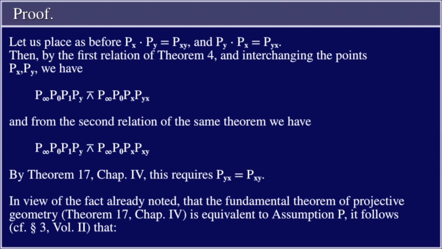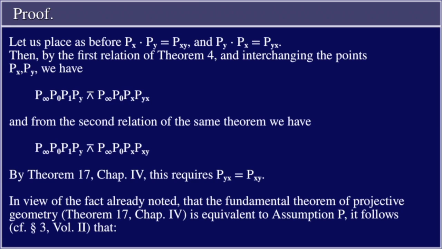Proof. Let us place as before px times py equal to pxy and py times px equal to pyx. Then, by the first relation of Theorem 4 and interchanging the points px, py, we have p infinity, p0, p1, py is projective with p infinity, p0, px, pyx.